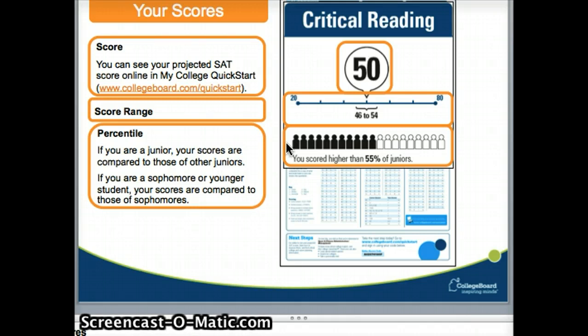Another way to understand percentiles is to visualize 100 students lined up from the lowest, or first percentile, to the highest, or 99th percentile. For example, if you're in the 55th percentile, you would be the 55th student in line, scoring higher than 54 students and lower than 45.